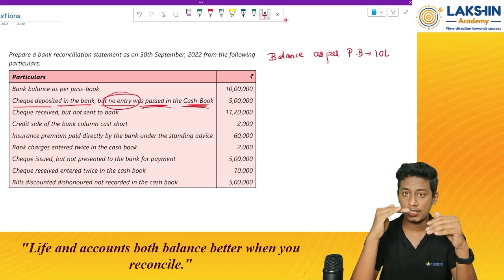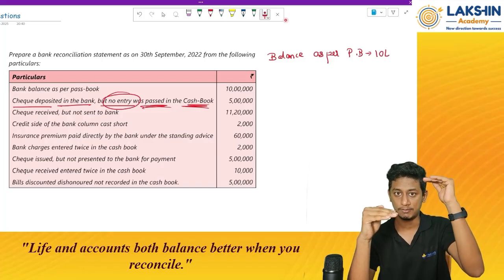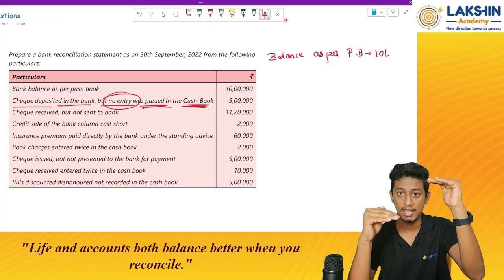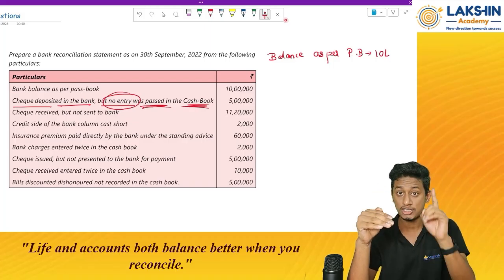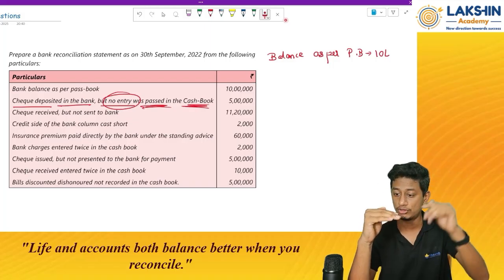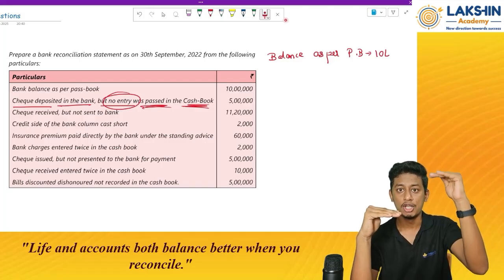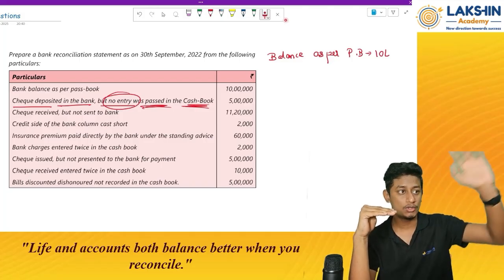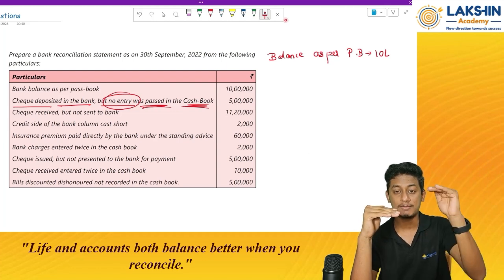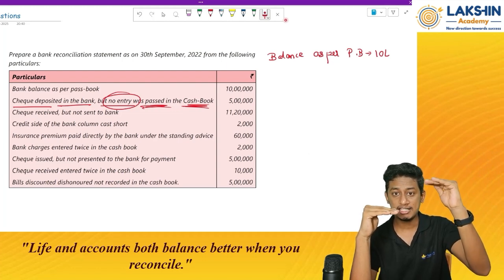So what did I do? My cash book was here. My passbook was here because the balance was deposited, right? Because I'm starting with the passbook, I can only move this. This cannot be moved, because this is not the opening balance. I can only move this hand right now. Now to make these both equal, what should I do?